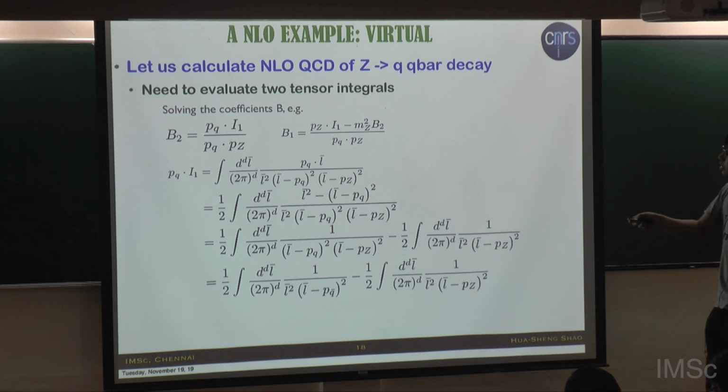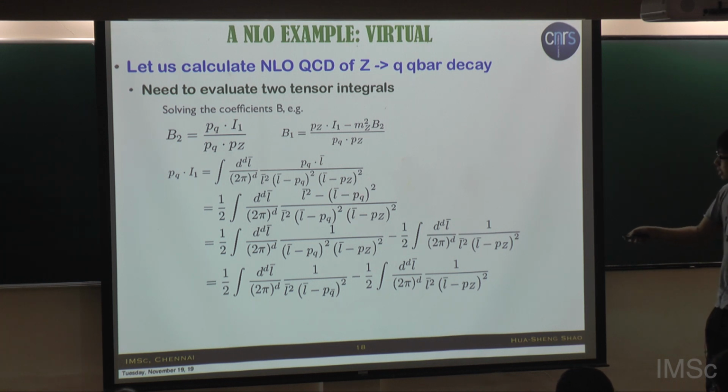So then the question is, what is p_q times I1 and p_z times I1? I just give an example: for p_q times I1, you can come back to the definition of I1, multiply p_q times l, and then do the decomposition into new denominators. For p_q times l, it is l-bar squared minus (l-bar minus p_q) squared, over two.